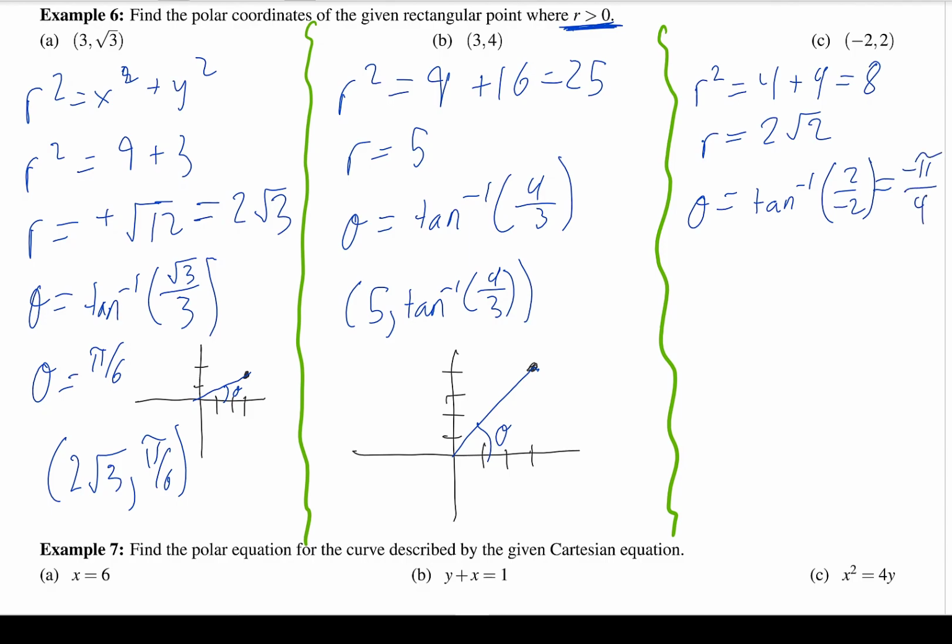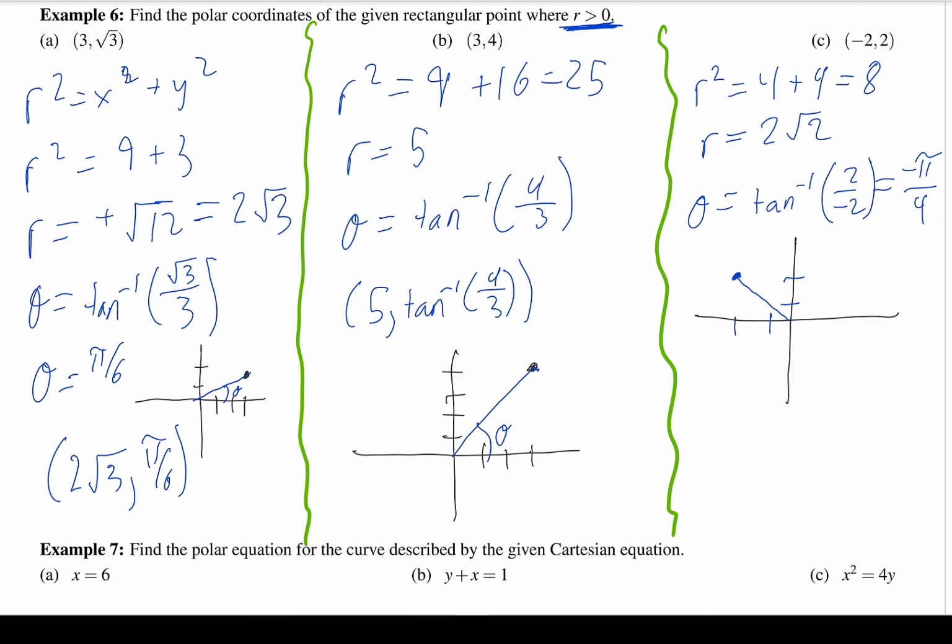Now let's graph this real quick. So negative 2, comma 2, that would be right here. But notice this angle and this angle, neither one of these are negative pi over 4, right? So what that tells me is that I need to adjust our theta.